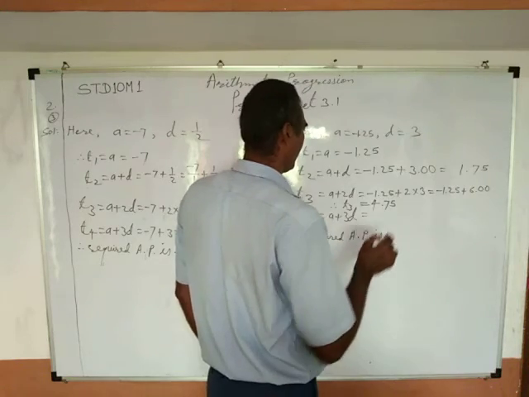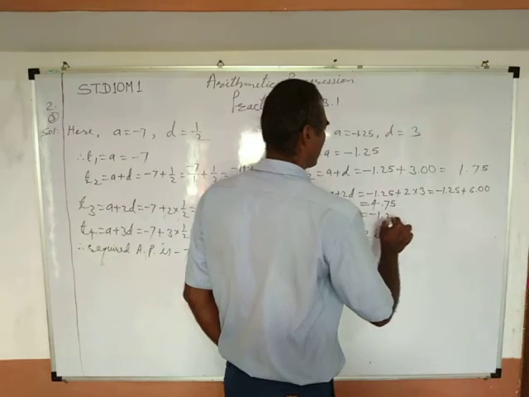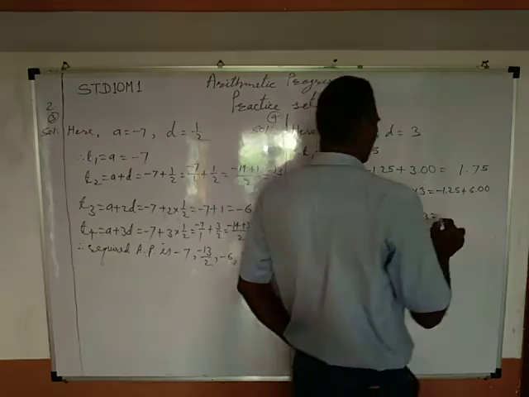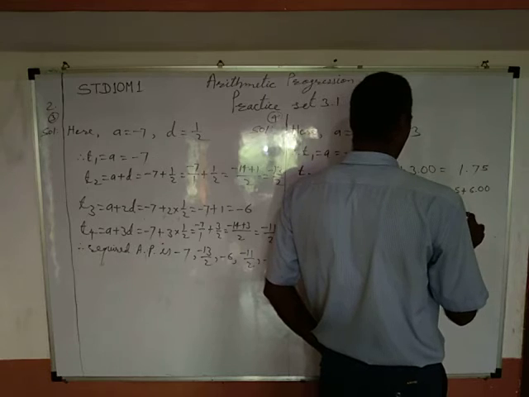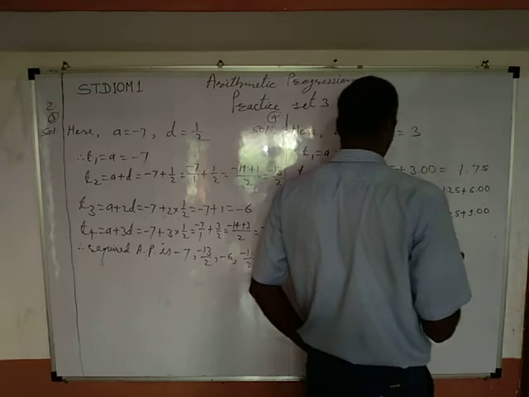Similarly, T4 equals A plus 3D equals minus 1.25 plus 3 into 3 equals minus 1.25 plus 9.00.